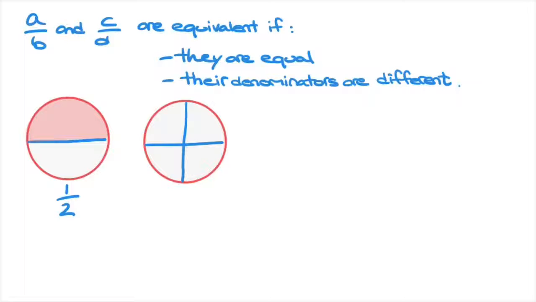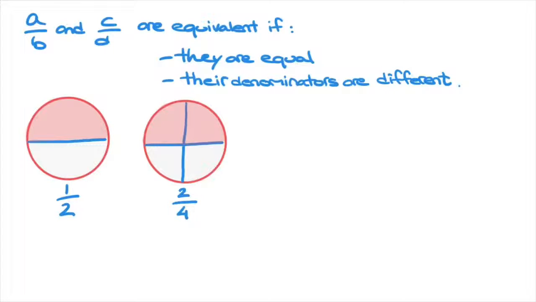Now, focusing on the second pizza, this one here, I could give you the same amount of pizza, but I could state it differently and say that I'll give you 2 quarters of this pizza. Well, again, the area I could shade to show you how much pizza you have would be this area. And we can see quite clearly here that you're getting just as much pizza, but in this case, you're getting 2 quarters of the pizza.